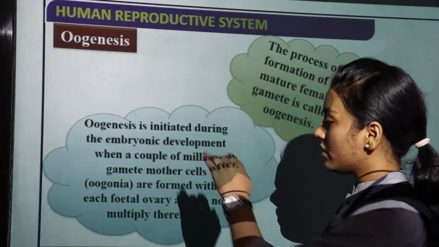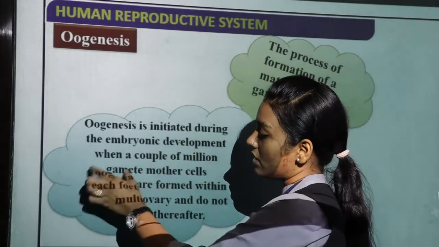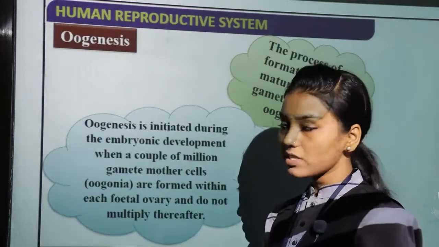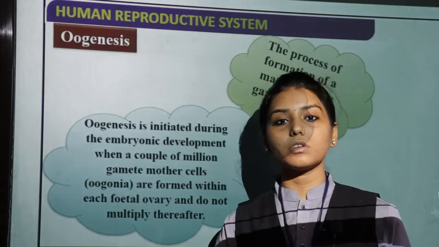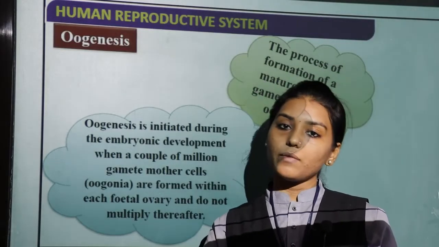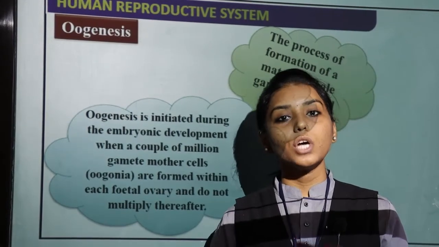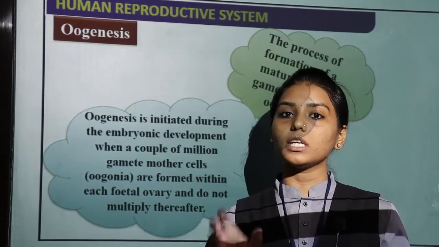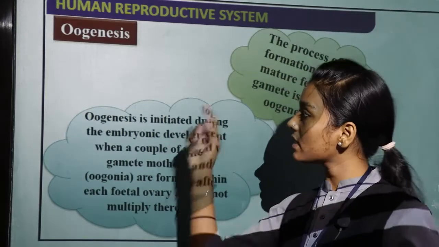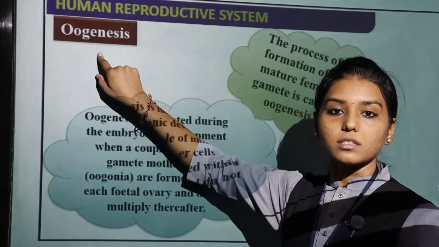The changes from primary to tertiary lead to formation of the secondary oocyte, and from the secondary oocyte it will form the mature Graafian follicle. This is the short procedure of the events occurring in oogenesis.